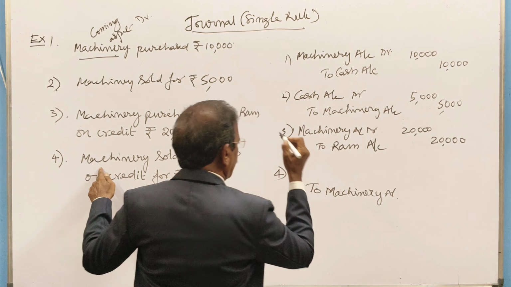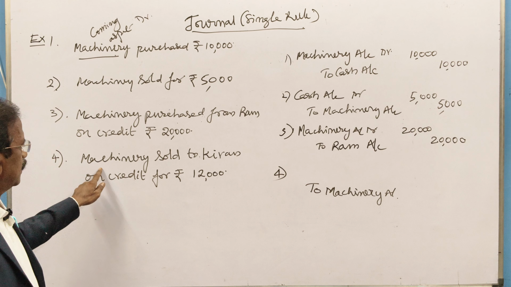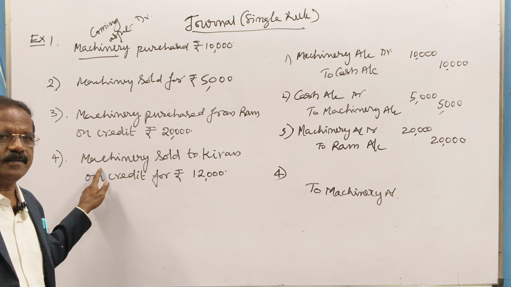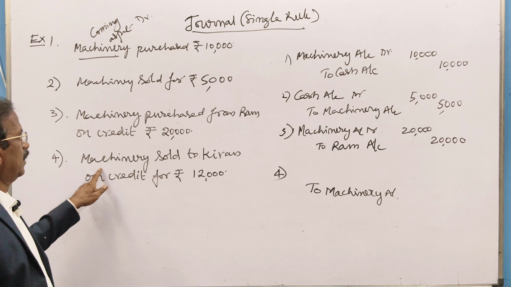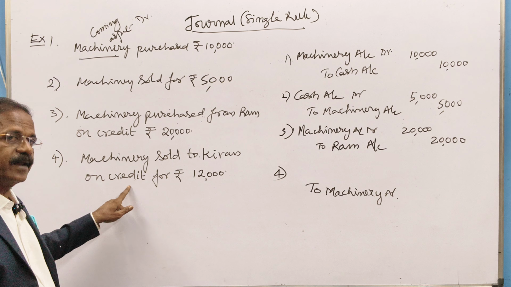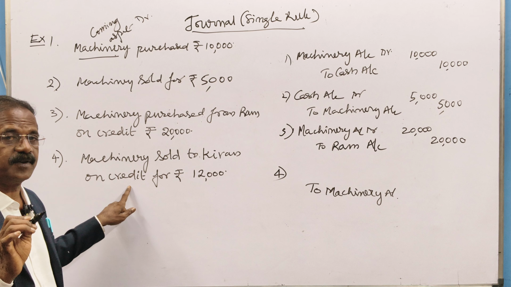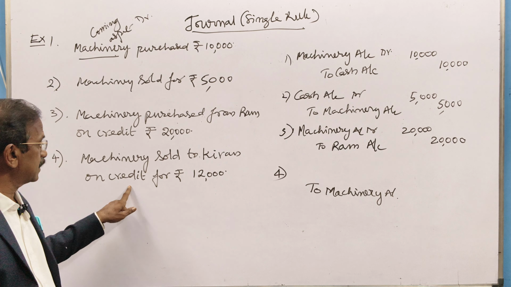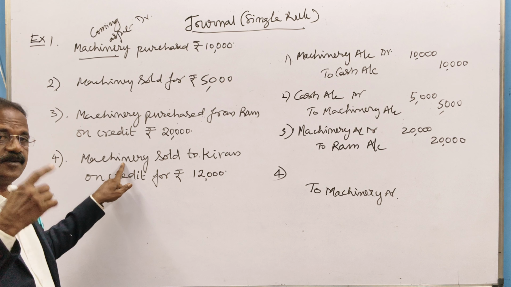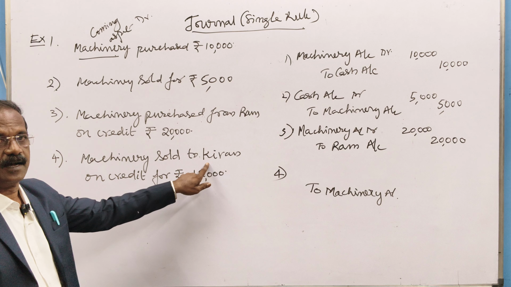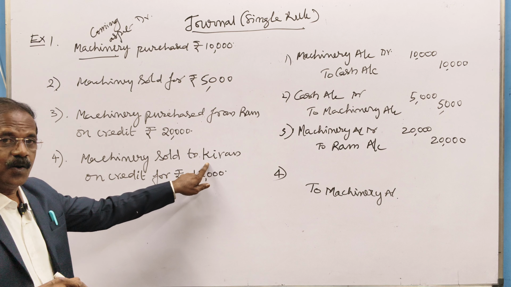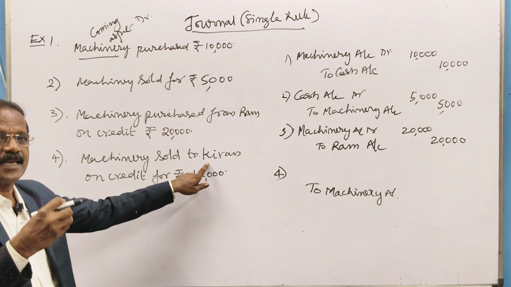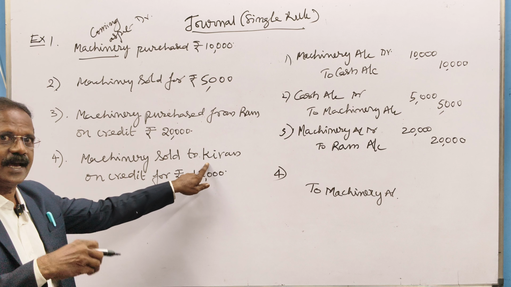Then what is the coming aspect? We are not receiving anything because we sold it on credit basis. We are not receiving money. But this machinery is received by Kiran right now. Now he has the receiving aspect, or the coming aspect.